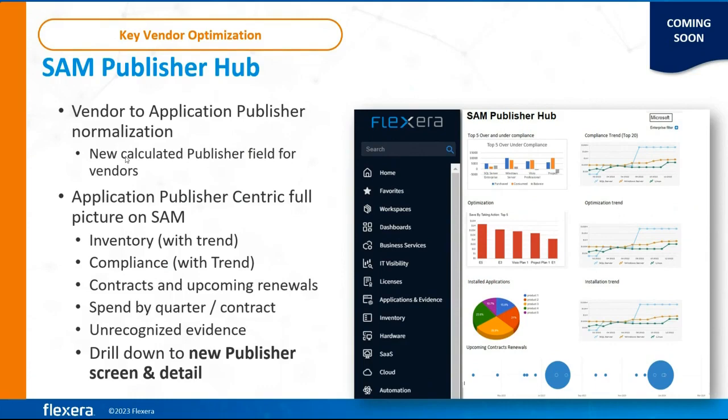And once we have this link, we can create, let's say, this SAM Publisher hub where you pick up the publisher. So here I've picked up Microsoft. And the idea is that we provide a visualization on the compliance, on the trend, on the optimization trend, on the deployed applications, on the upcoming contracts.